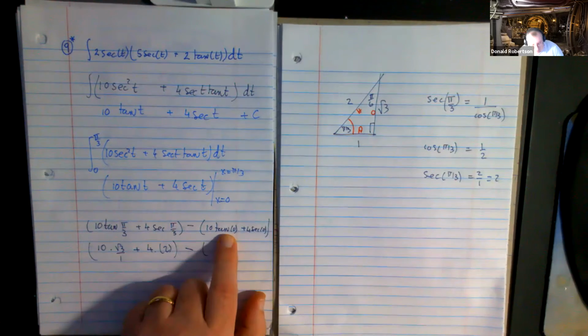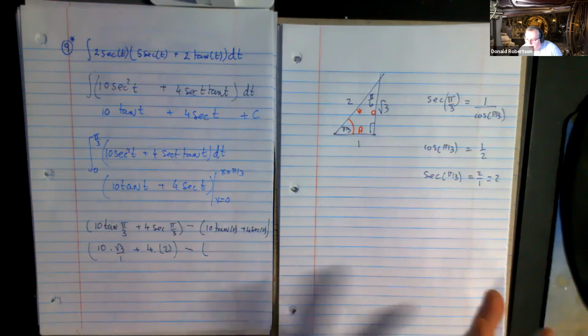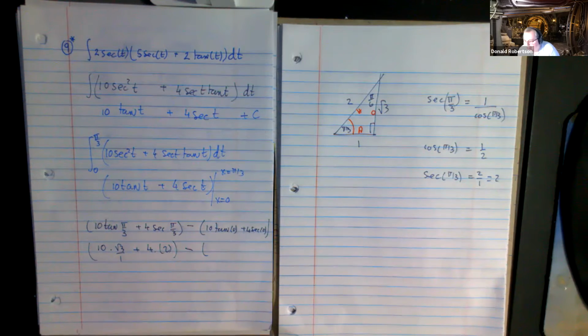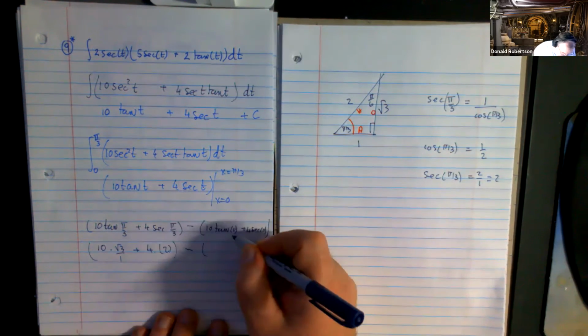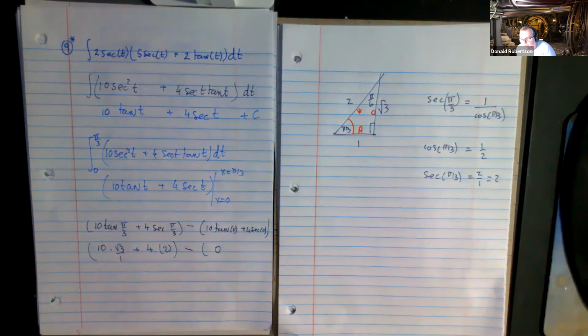Now, any number that happens to be 0, pi upon 2, pi upon 4, those kind of ones that are exactly on the boundaries, you can get the answer just by using the calculator, because they're always going to come out as 1s and 0s or undefined. 10 tan 0 is 0. And does anybody know what 4 sec 0 would get you if you used your calculator?